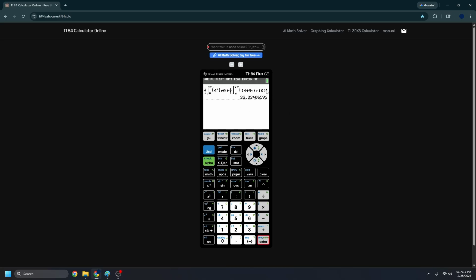And now as for how to actually graph it, we would simply just go to our y, because we already set our mode to polar, and we would just type in our equations. So 4 plus 3 sine theta, and then 4. And this is what we get. Looks pretty similar to what we graphed in the earlier parts of the video.